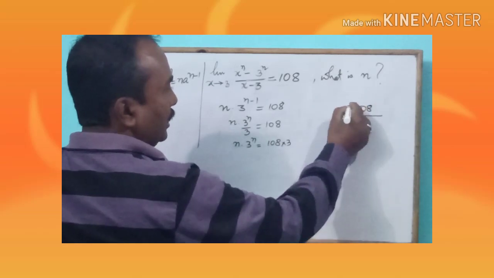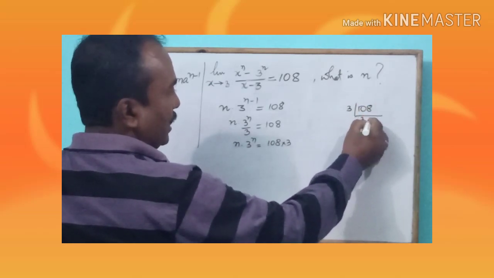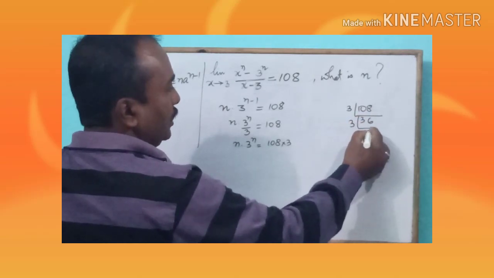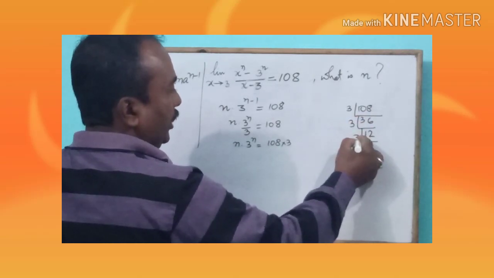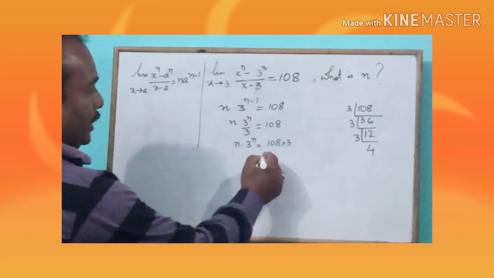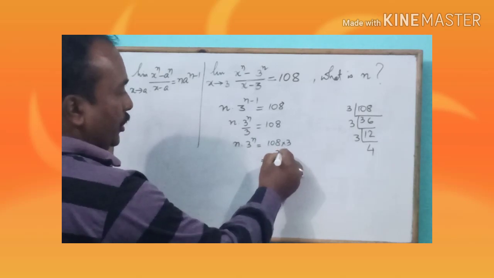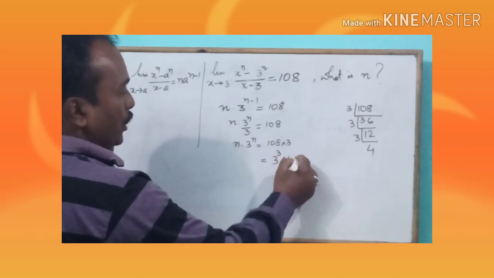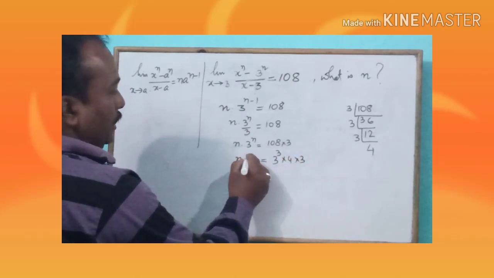108 is 3 3s are 9, 3 6s are 18, 3 12s are 36, 3 4s are 12. So this could be written as 3 to the power 3 into 4, that is 108. Into 3, n 3 to the power n.